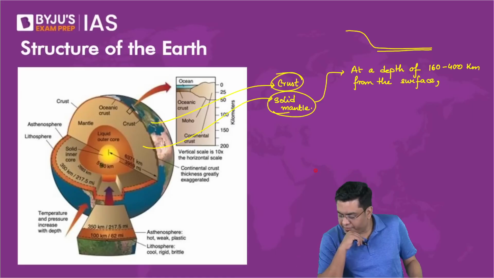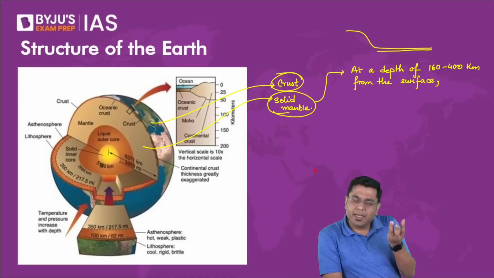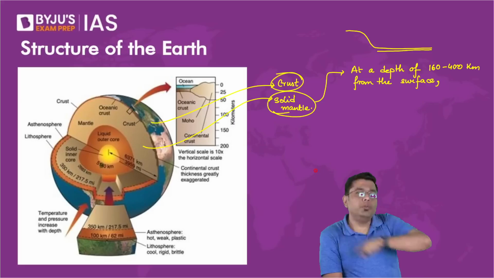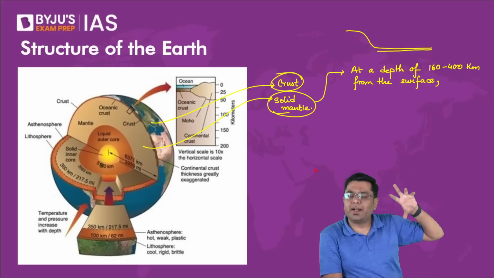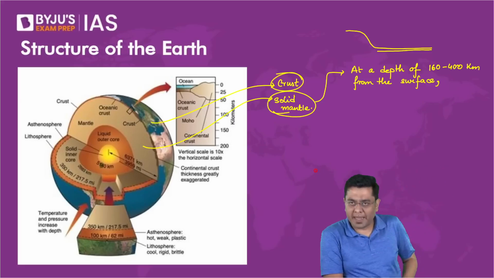Vivek, your question is about the doubt in the rotation. The liquid outer core also rotates. And when the liquid outer core rotates, imagine what it is made up of: iron and nickel. So when the iron and nickel particles rotate in a spiral or circular motion, that produces its own magnetic field, where the planet starts behaving like a bar magnet.